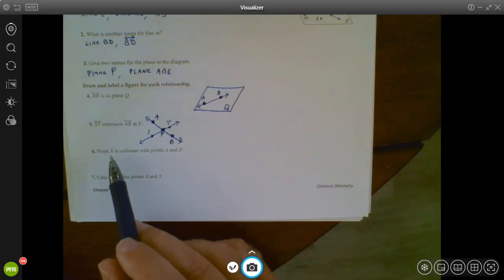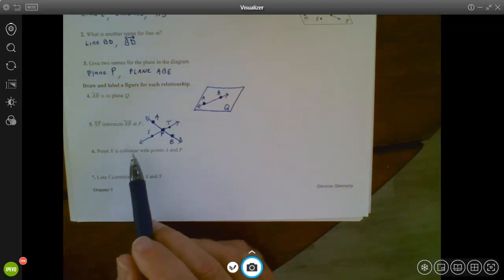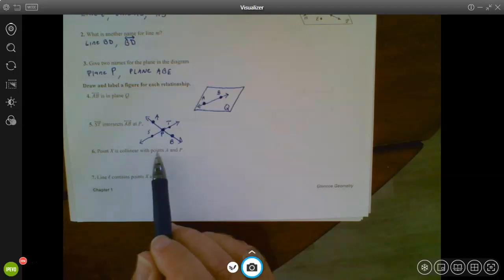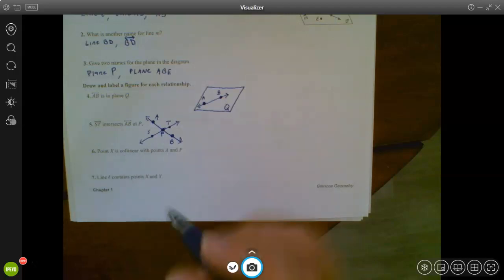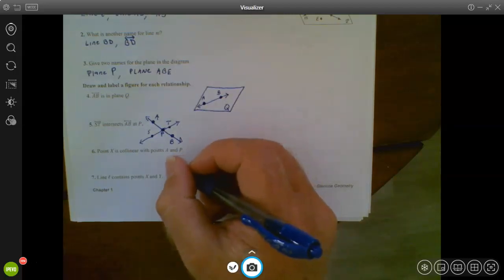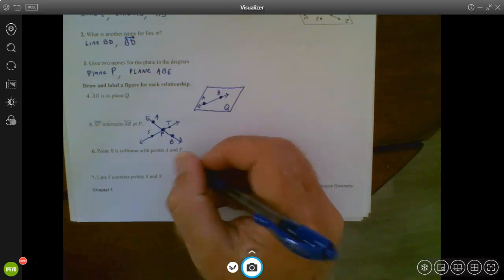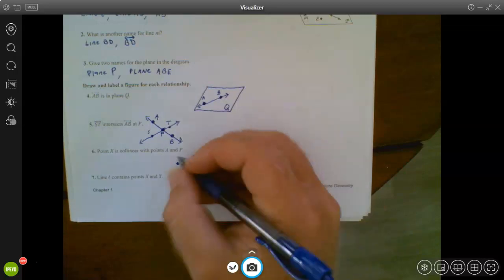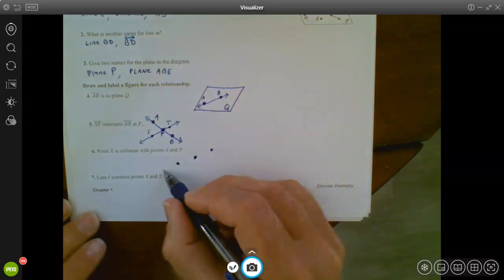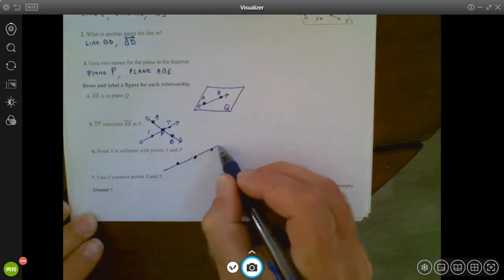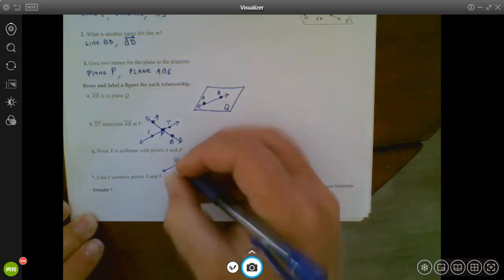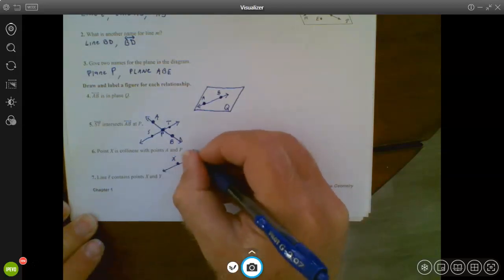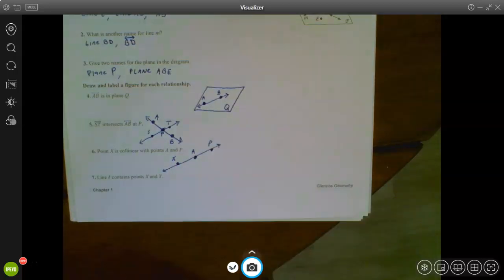Another drawing, point X is collinear, so it's on the same line with points A and P. So if I were to draw that one, so X, A, and P are collinear. So I need to draw one line that goes through all 3 points and label them X, A, P. So that would fit that description.